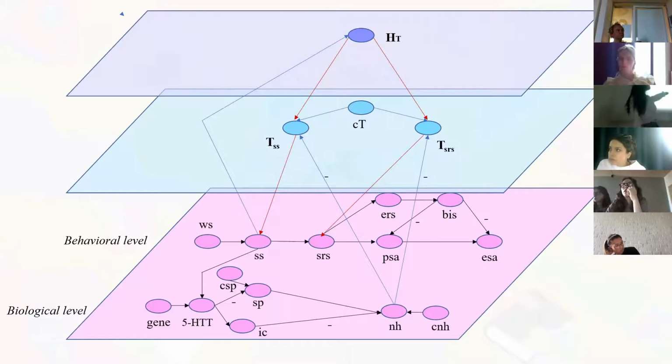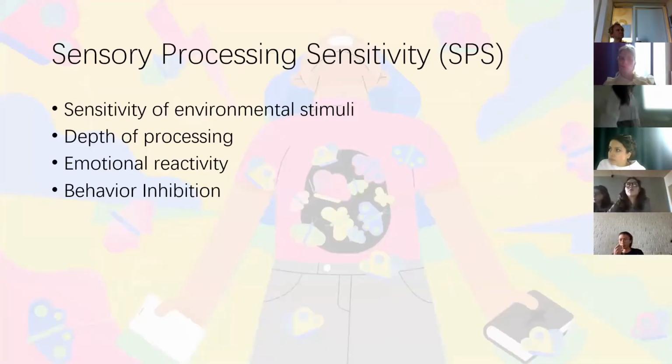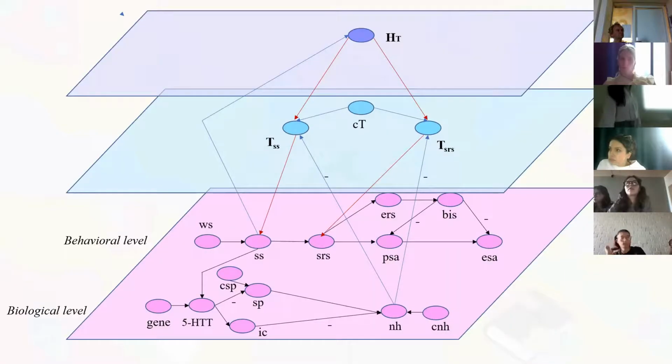Over there, the ERS, that's the emotional reactivity that we have. The emotional reactivity leads to a behavior inhibition state. The behavior inhibition state negatively influences the preparation of action and the execution of action, which is behavior itself. So how does the biological level influence the behavior level?